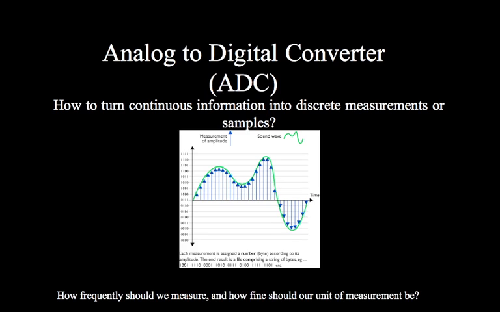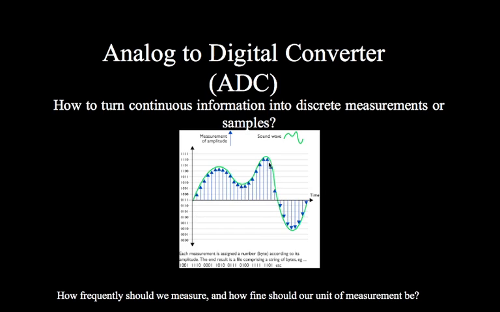In other words, how should we divide time? How should we take this continuous time and divide it up? And how should we take this continuous amplitude and divide it up? So when I say frequency of measurement, it's like how often should we take the picture?